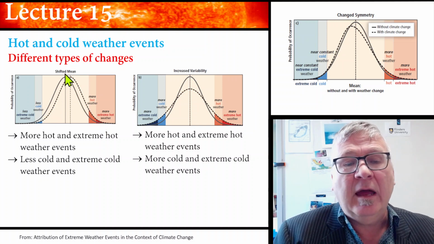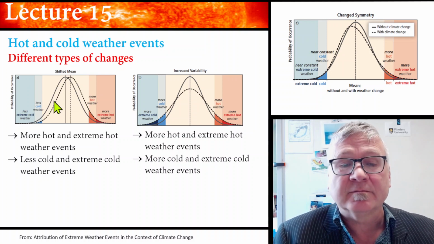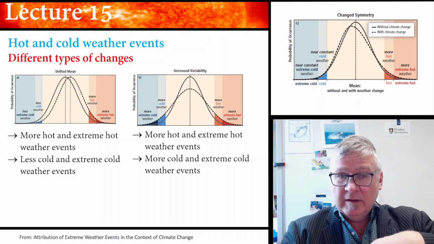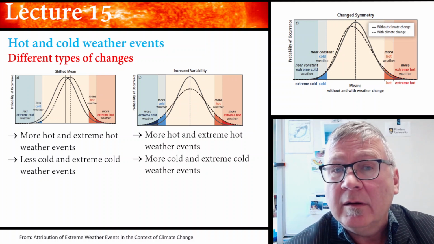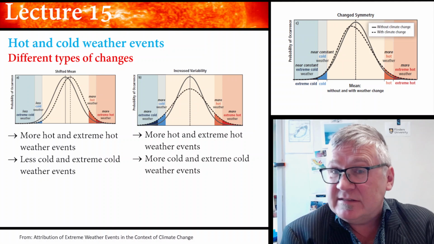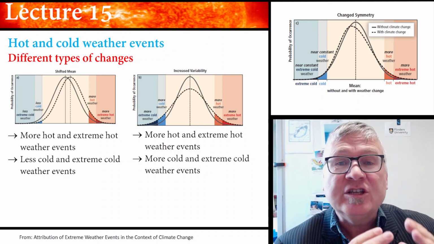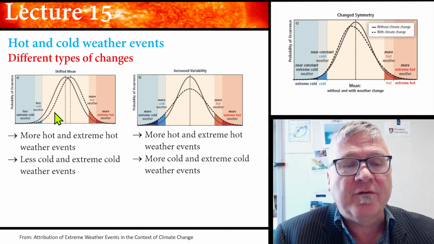And you can define what your extreme events are. Now if you assume that there is a warming during the entire seasons, during the entire time scale, so the entire curve shifts to the right, and this is the dashed curve.